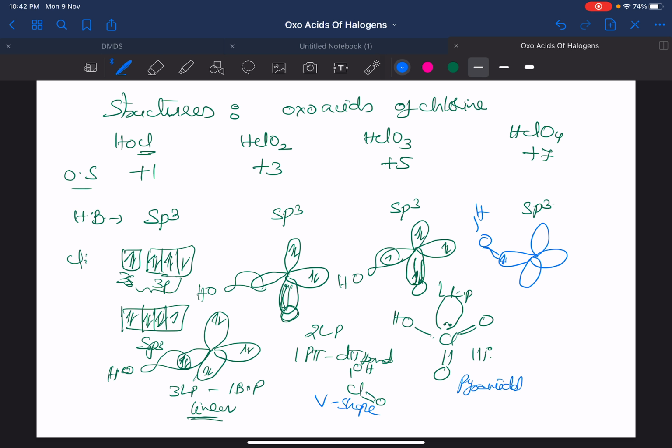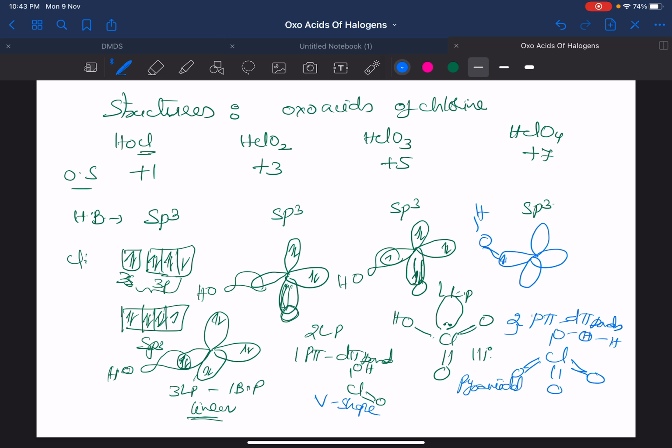So here there are 3 doubly bonded O, that is 3 p pi d pi bonds.